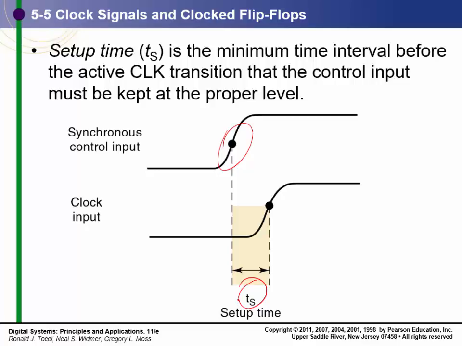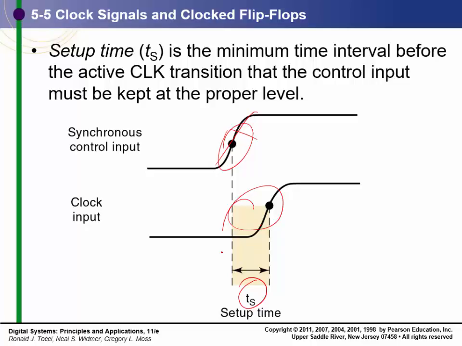We have a series of inputs that go into our flip-flops. They have to be stable before the clock edge comes. These cannot be changing while the clock is transitioning. Otherwise, your results are not predictable.